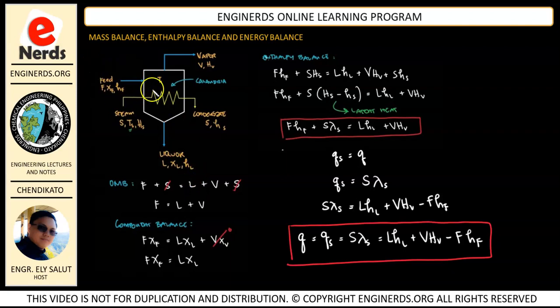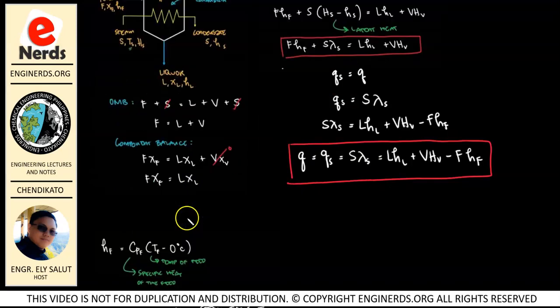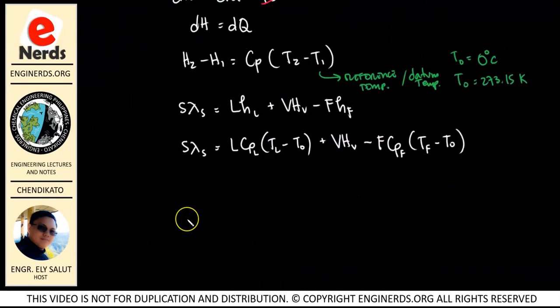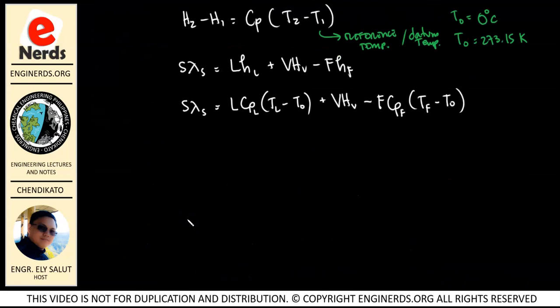So if we have water as the solvent, let's say, the main contributor to our Cp will be the Cp of water. So in that way, we can assume that for the Cp in our feed, which is diluted, the main contributor will be the Cp of our solvent, which is water.